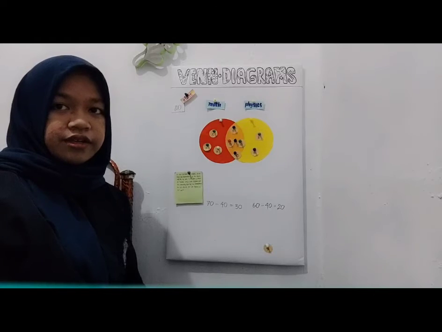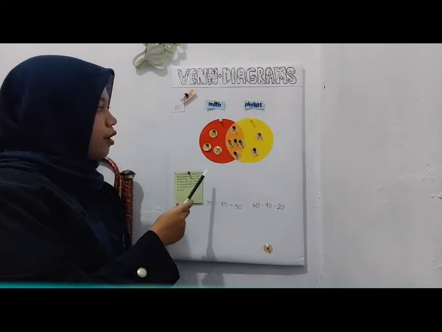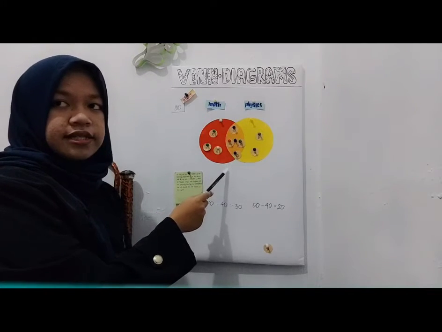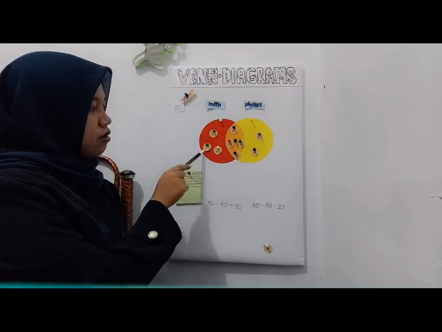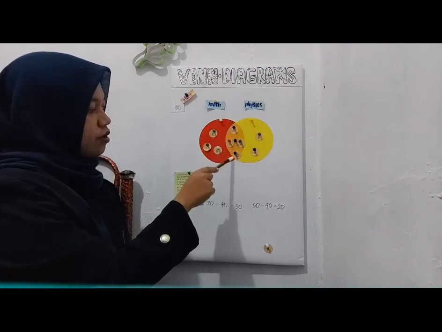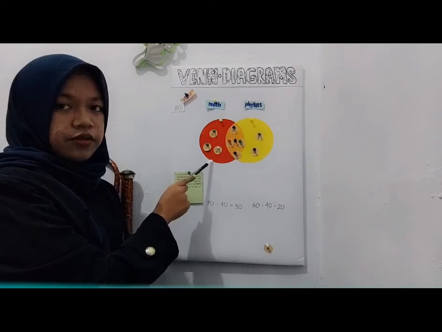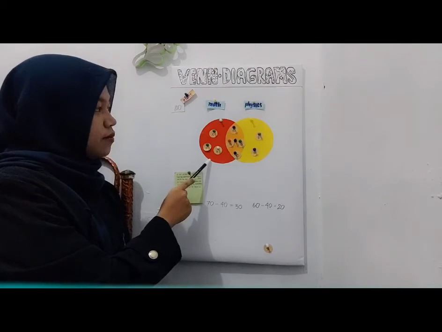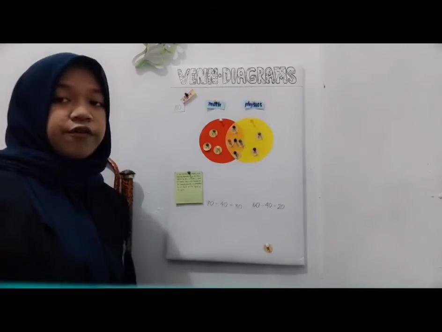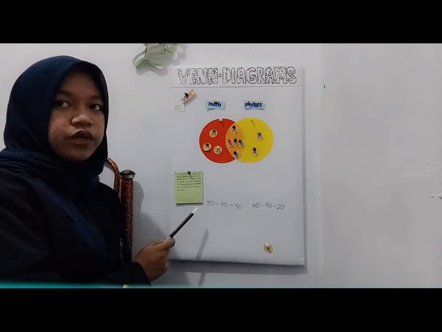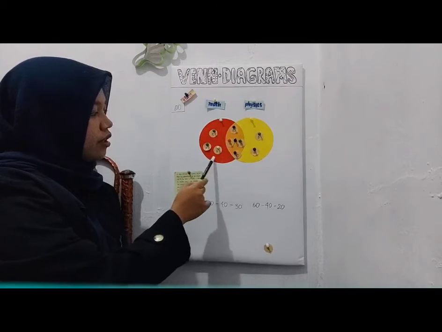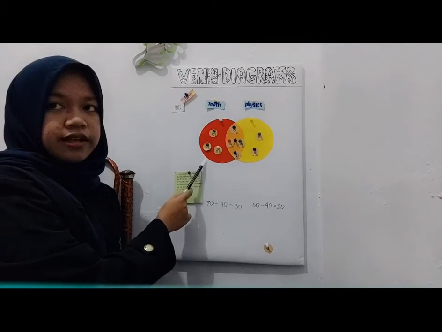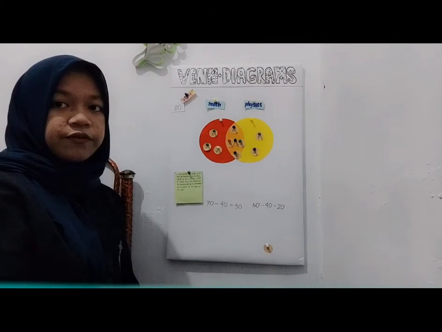The region of the Venn diagram representing this event is red. Red for students who like mathematics but not physics. From the Venn diagram, we note that 30 students like mathematics but not physics.